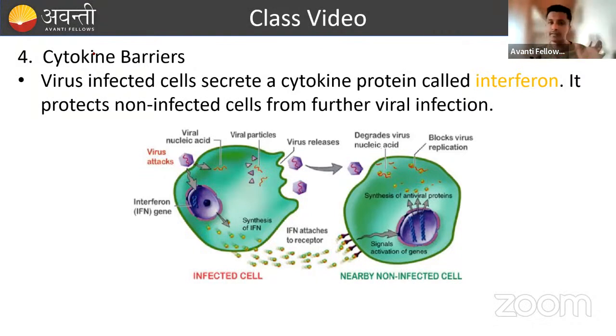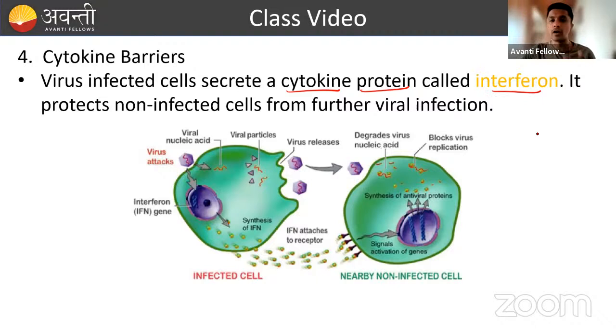Would I warn my friends and all the other important people around me? Definitely, right? Similarly, our own cells warn the neighboring cells about this attack through a cytokine protein. It's like a signal. These cytokine proteins are called interferons.